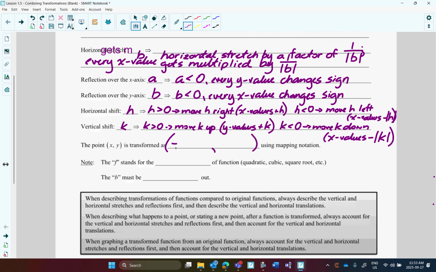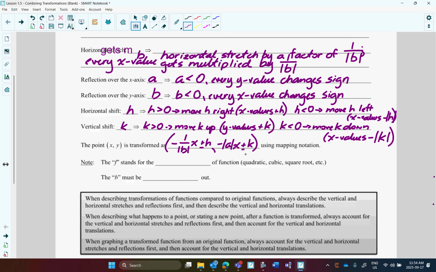If there was a stretch, you would multiply the x value by 1 over B. And if there was a horizontal shift, you'd have to add H. And here, if there was a vertical flip, it would be negative. Stretch, there would be absolute value of A, because we don't include the negative. And if there's a vertical shift, it's plus or minus K.